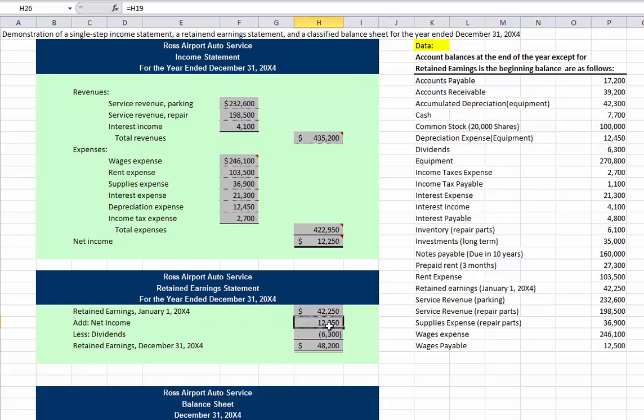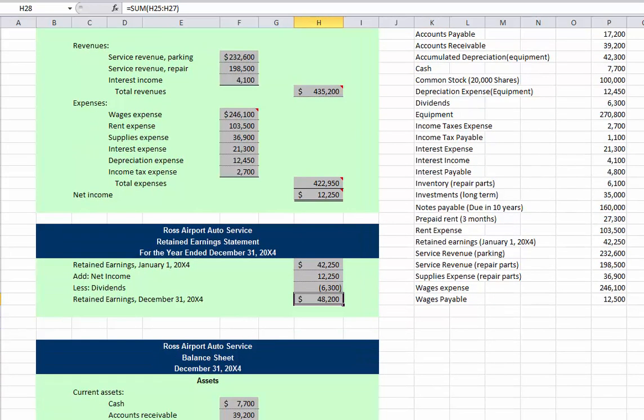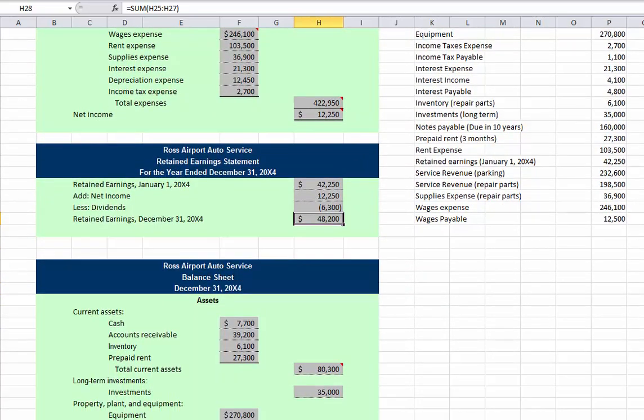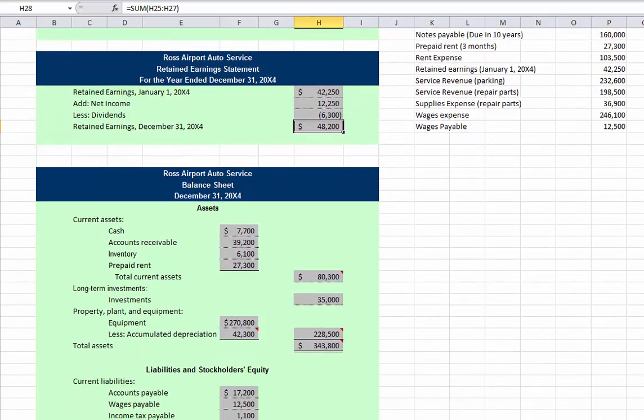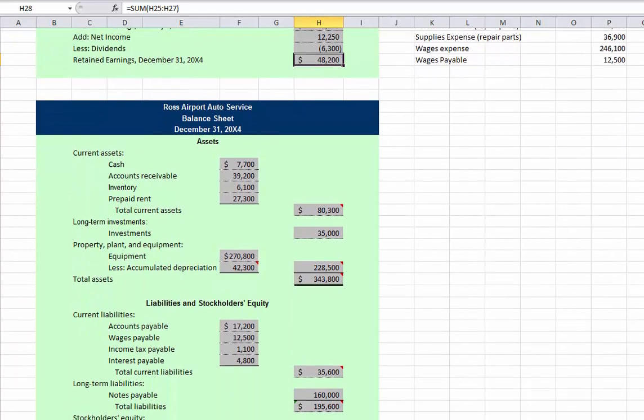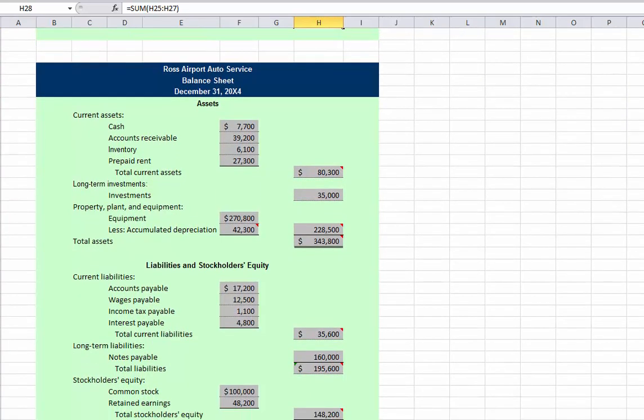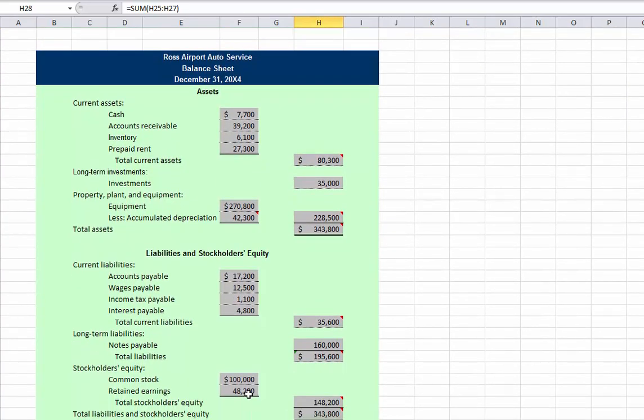We then go ahead and subtract what was given to the shareholders, and this is called dividends. This will give us retained earnings, which will be brought down into the balance sheet in the stockholders' equity section, and we can see this amount being shown in retained earnings here.